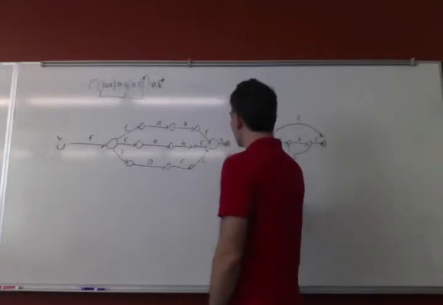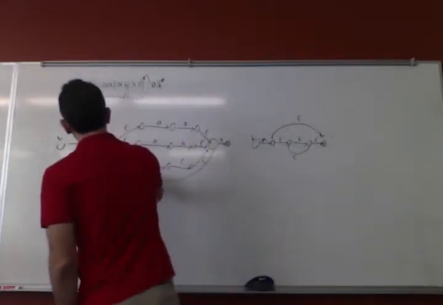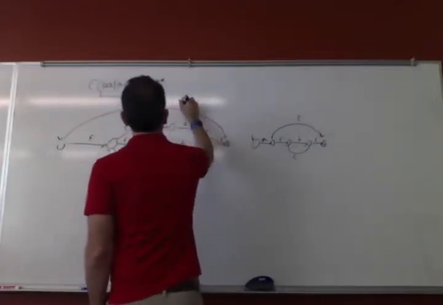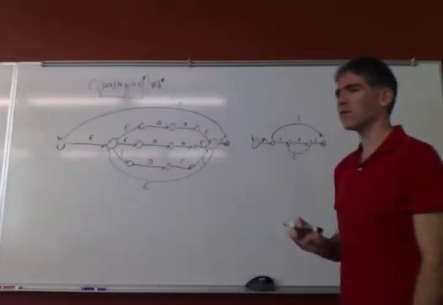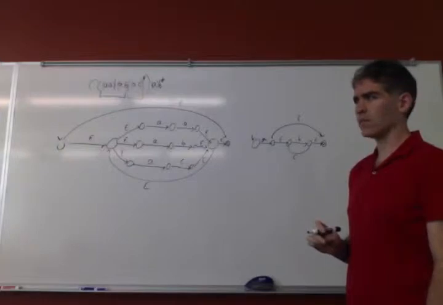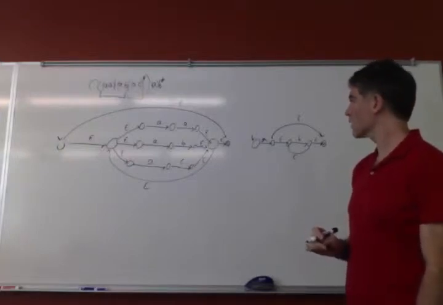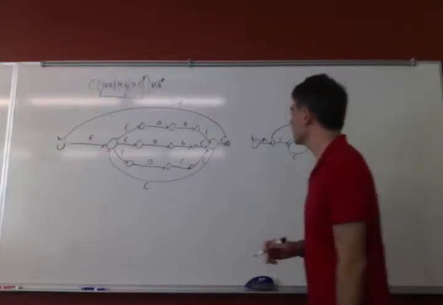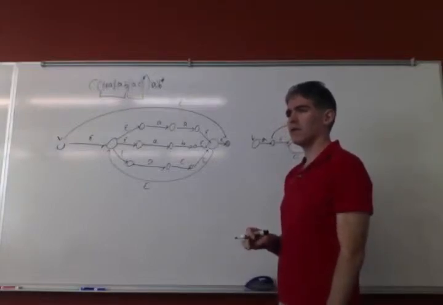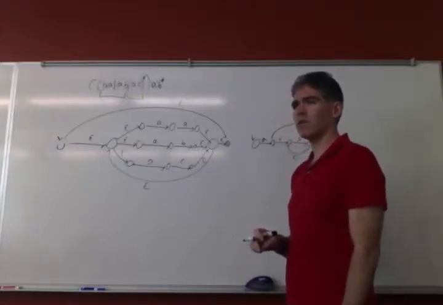We have an epsilon transition connecting those back, and then an epsilon transition connecting those. Everyone good with this? Okay.